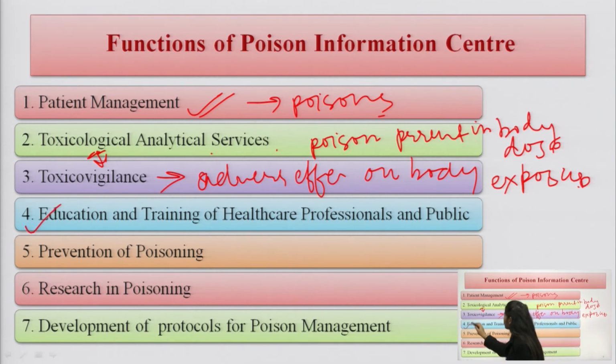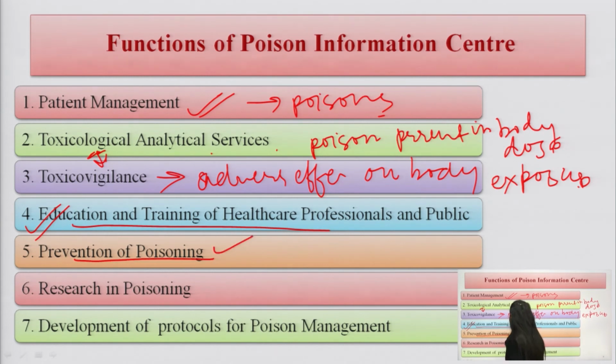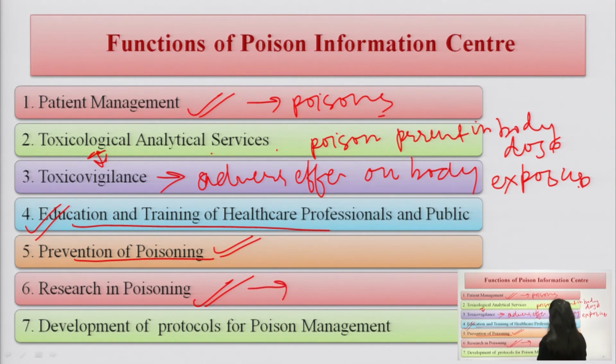Then, when we get to know all this information about poisons, what we want is an education and training program. We want to spread the information, and the 'we' here is the Poison Information Center. So, prevention of poisoning, and we want to prevent it. We want research in poisoning. Further research means the basic nature, how we can reduce it, what the receptors are.